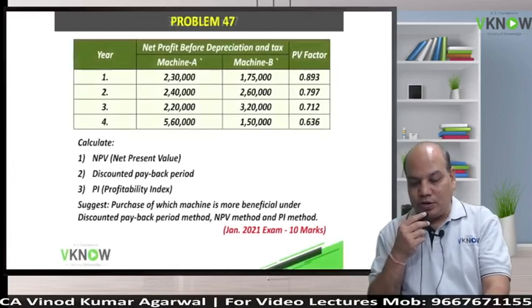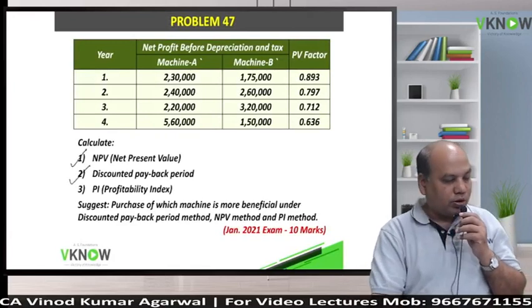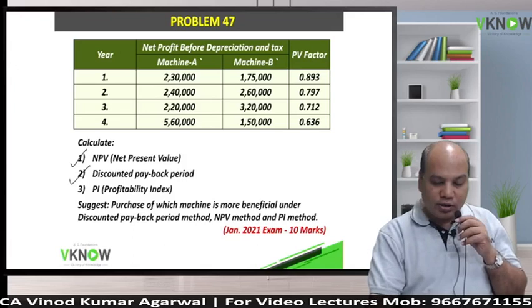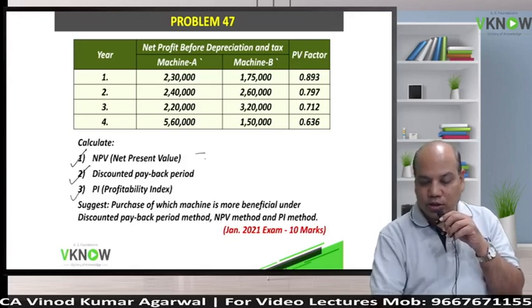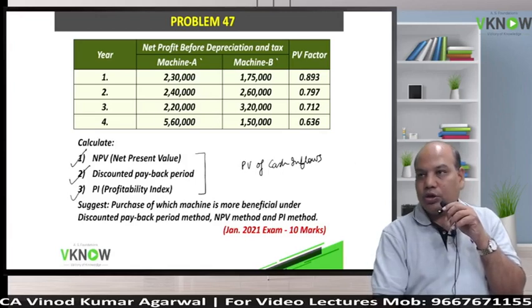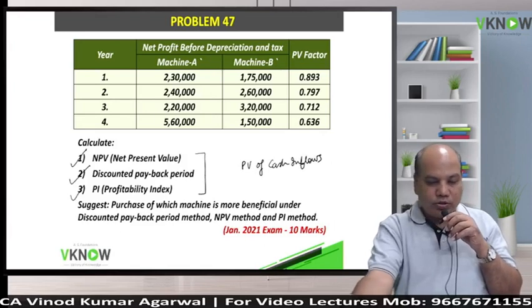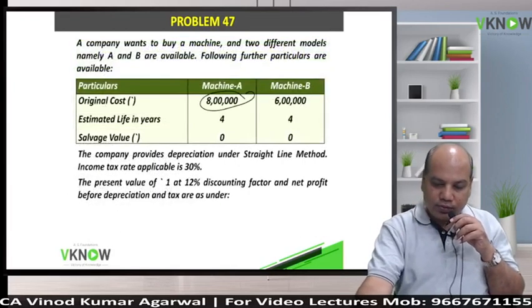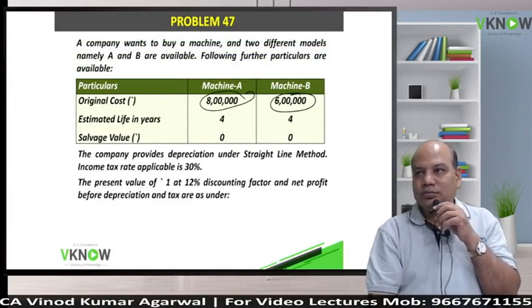Wait a minute. I have to compute NPV, I have to compute discounted payback period, and I have to compute profitability index. What is common in all the three? We need to find out the PV of cash inflow. Outflow is only this much, 8 lakh, so I will design the format in such a manner that it gives me all three answers in one table.